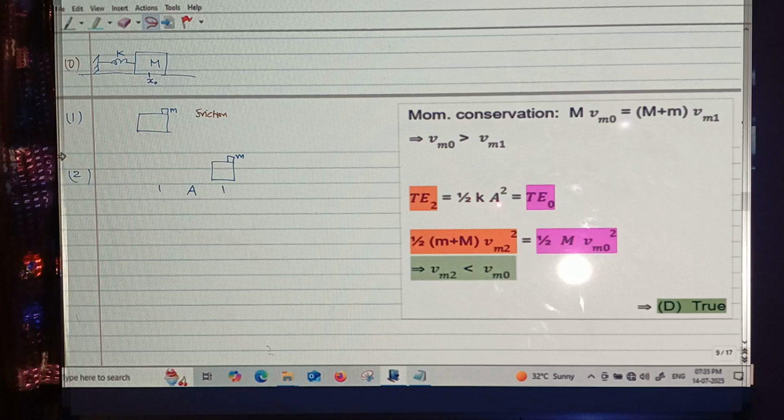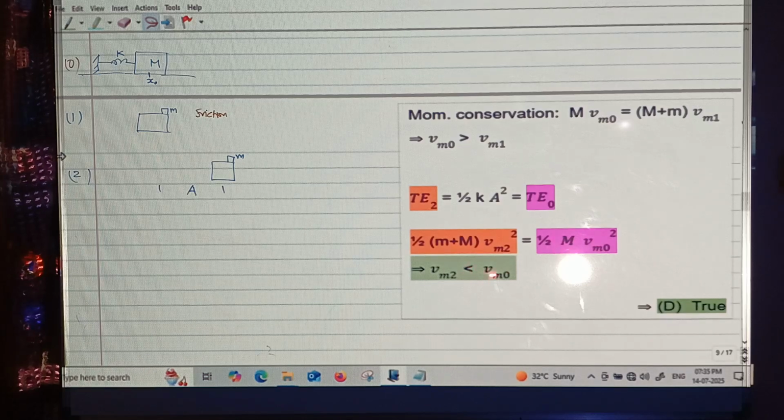Total in the second case is half k A square, which is the same as the energy in the zeroth case. The total in the second case I can write as the kinetic energy at the mean position, which is half (m plus n) Vm2 square. And the total in the zeroth case, again I can write as the kinetic energy at the mean position. So again Vm2 is Vm naught times the factor, which is a fraction, square root of m by (m plus n).